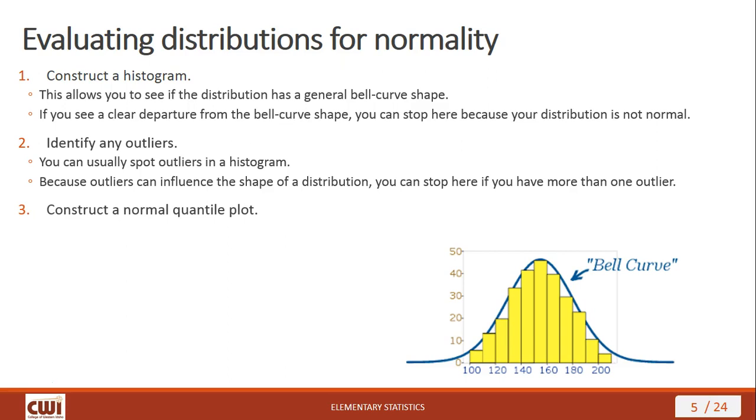Of course, the third step is to construct a normal quantile plot. Points must reside reasonably close to a straight line. Now that word reasonably has some subjectivity to it. So when you're working with problems for your assignments, you're going to have to give yourself a little wiggle room as to what reasonable actually means.